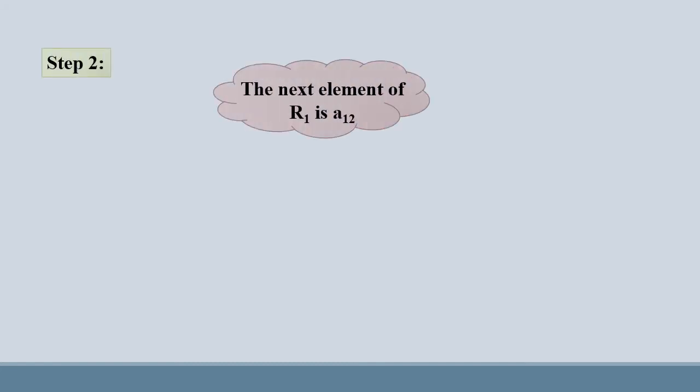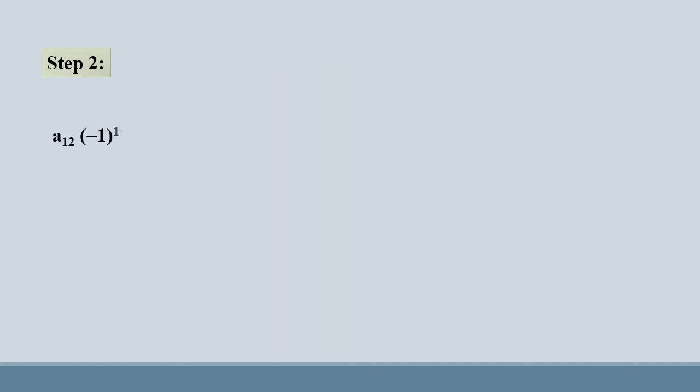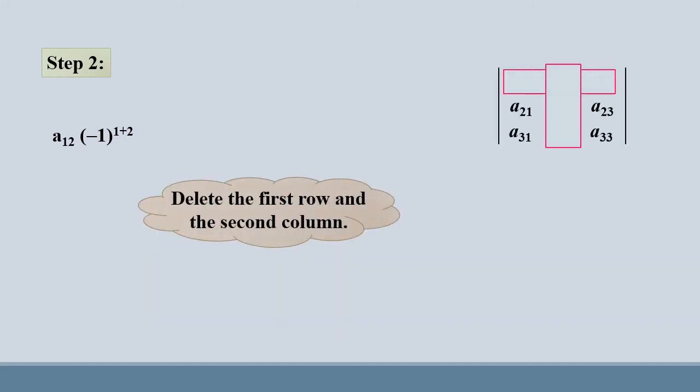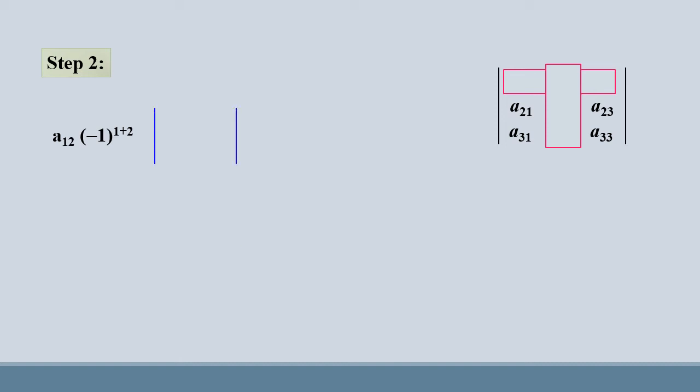Next, consider the second element of R1, that is A12. So A12 into minus 1 raised to 1 plus 2, where 1 indicates the row and 2 indicates the column, into the 2 cross 2 determinant obtained by deleting the elements of the first row and second column. So we get A21, A23, A31 and A33.